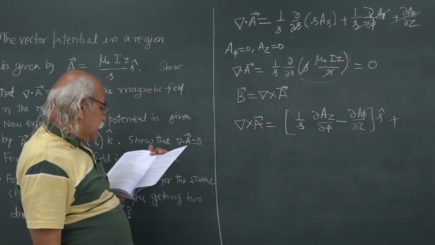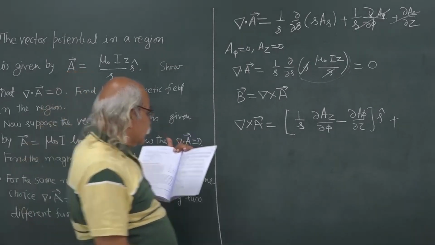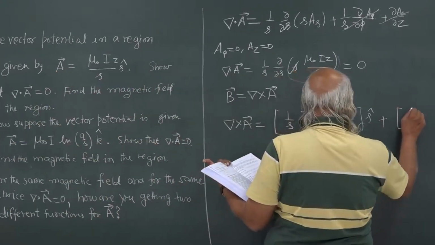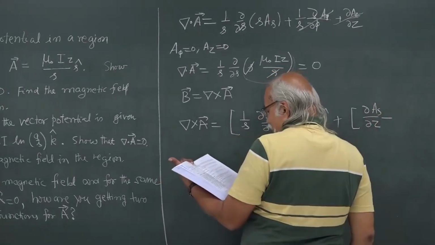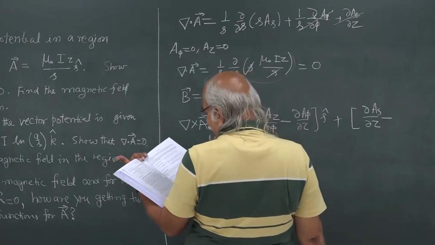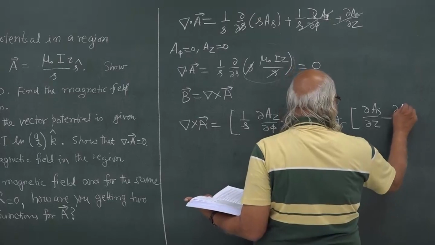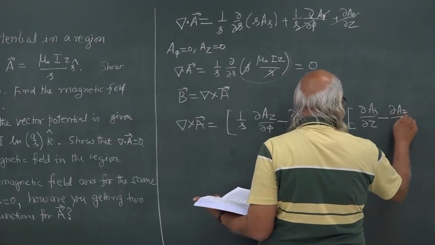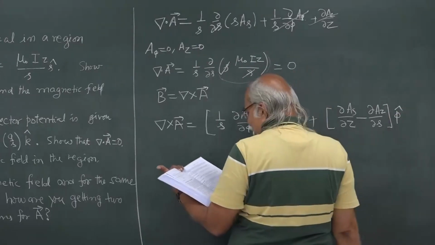The second bracket is del AS del Z, minus del Az del S. This is the second bracket and it is phi cap here.